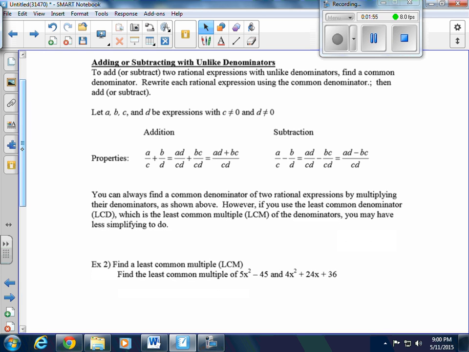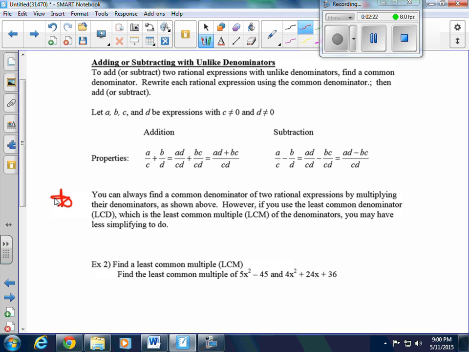The next thing we're going to look at is adding or subtracting with unlike denominators. So just like when we add or subtract fractions, if we don't have a common denominator, we have to find one first. In the process of doing that, it says you can always find a common denominator of 2 rational expressions by multiplying their denominators as shown.